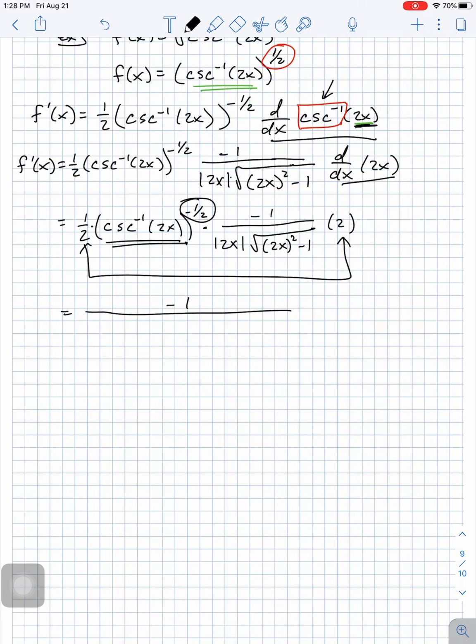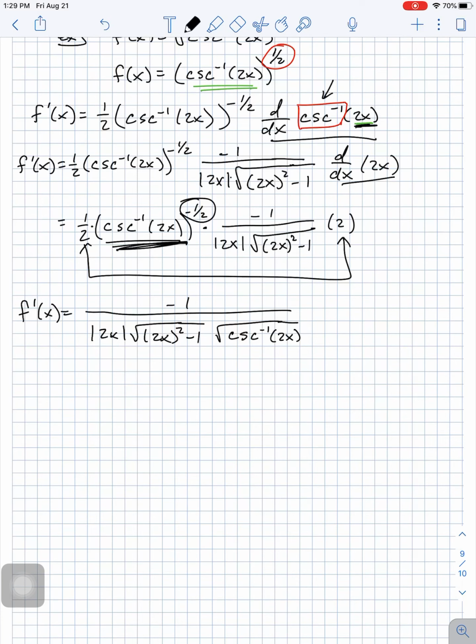But what that looks like is -1 over this absolute value of 2x squared minus 1, and then this is on the bottom now, and it's a root, because that's what a half is, a root on the bottom. -1/2 is a root on the bottom. So this would be your derivative.